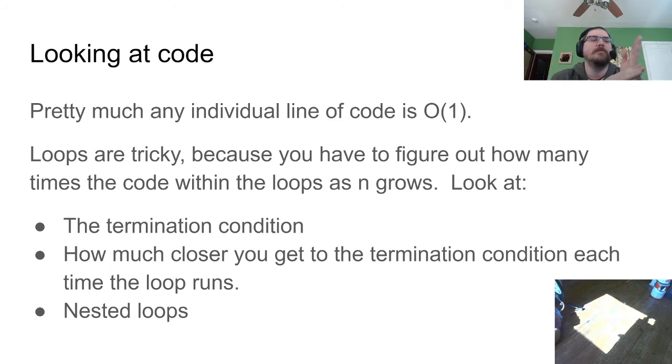I'm stopping at each point along the way to n. But if I'm starting at 1 and I'm going to double every iteration and stop at n, that would be log n, because it's equivalent to how many times can I divide n by 2 until I get to 1, which is log. That's what log means.